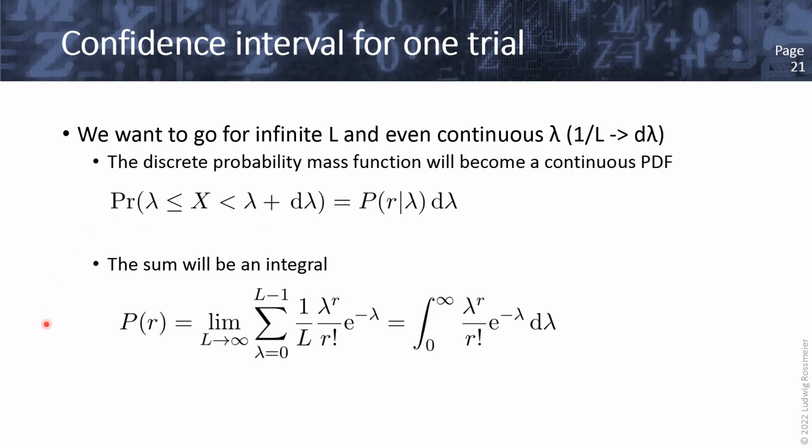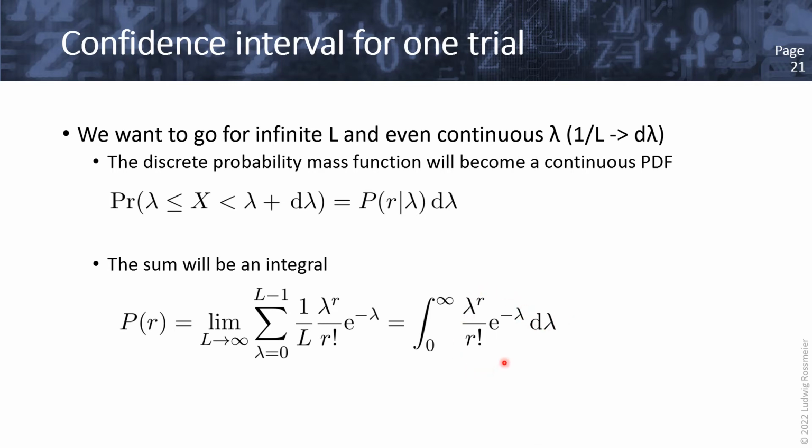That means the sum from the equation one page before will now become an integral. We build the limit for L going to infinity of this sum from the page before, and 1 divided by L will be the d lambda.